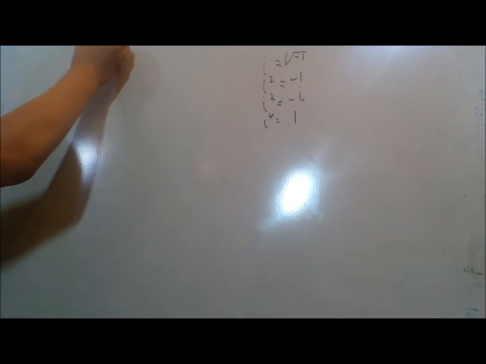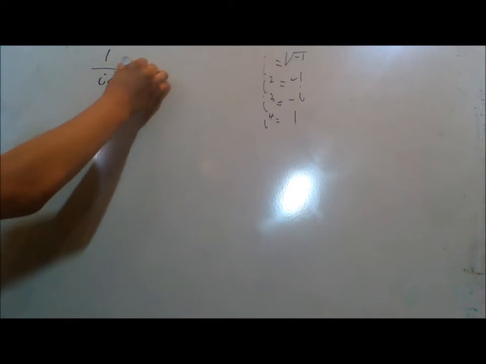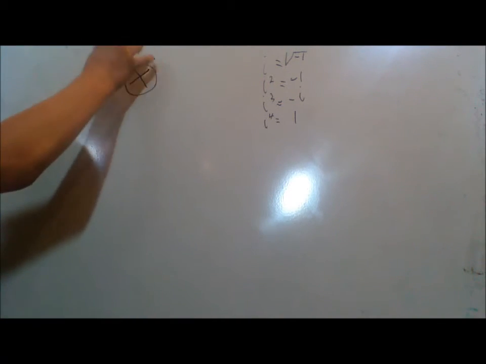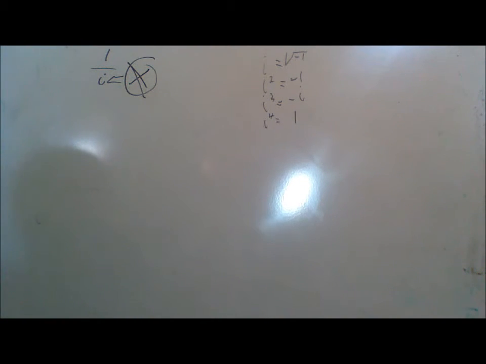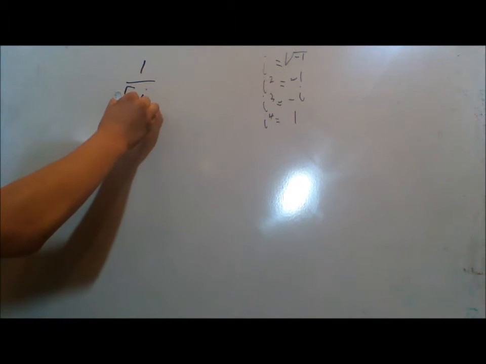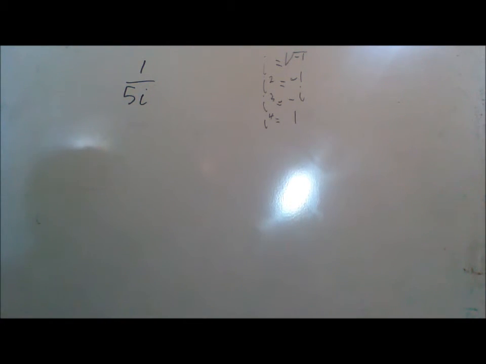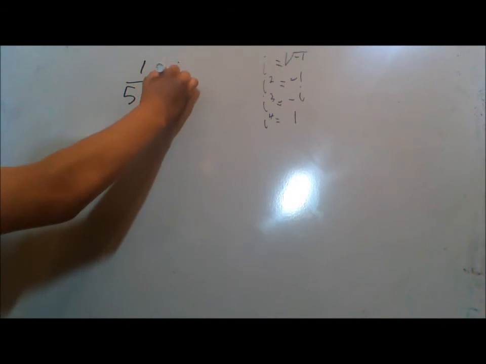There's also another rule you must know. In a fraction, if you have i, you cannot have i in the denominator. So let's say we have 1 over 5i. Again, we have an i in the denominator. We can't do that. So we're going to multiply this by i over i.